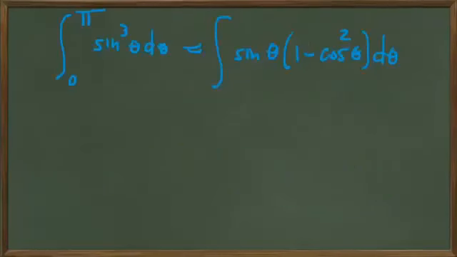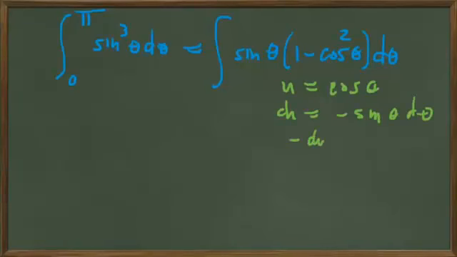So if we write sine cubed as sine times 1 minus cosine squared, we can then let u equal cosine theta. Du is minus sine theta d theta, or minus du is sine theta d theta, and so the integral turns into this.